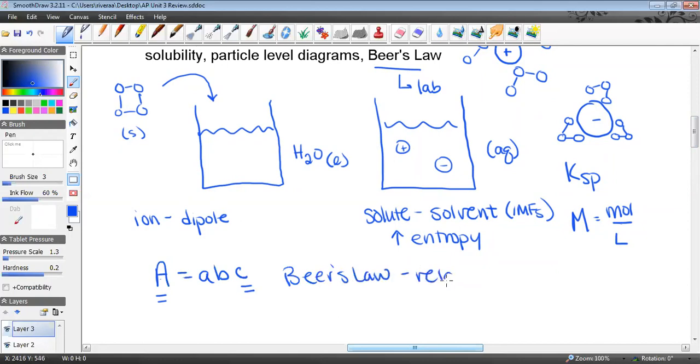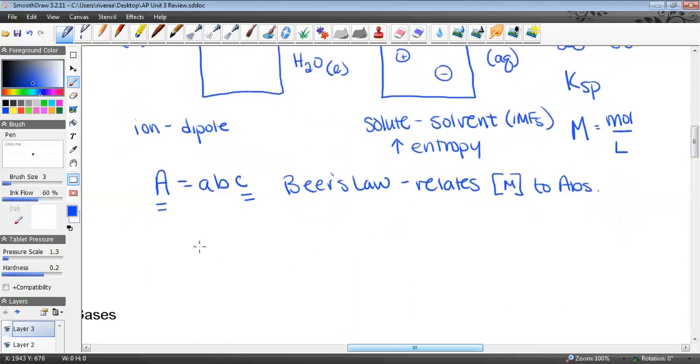It relates concentration or molarity to absorbance. A is a constant and B is the path length, like how far the light traveled through the solution. But we didn't even actually have to use the constant and the path length when we did this lab because we just made ourselves a calibration curve. Do you guys remember we looked at absorbance and concentration and we got a curve that related absorbance to concentration? So when the absorbance of a colored solution went up, that was because its concentration was going up.